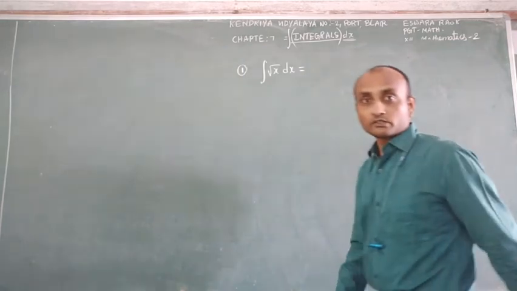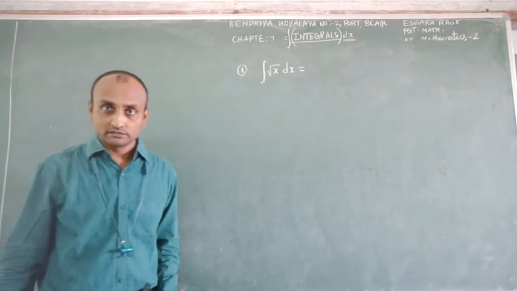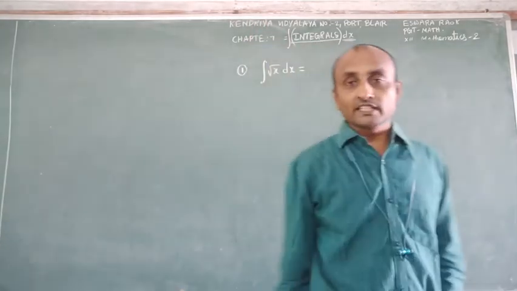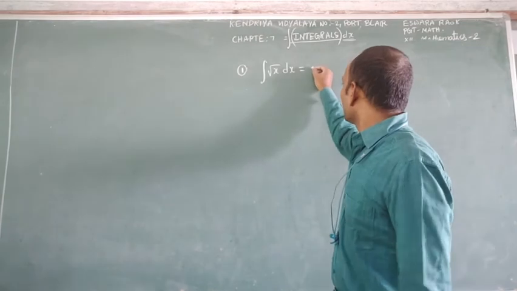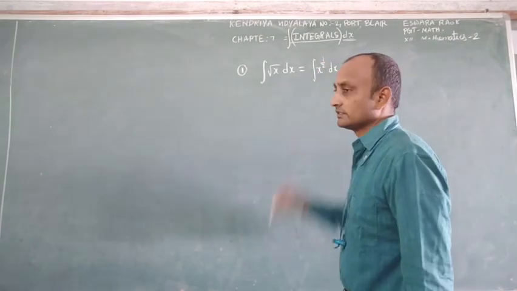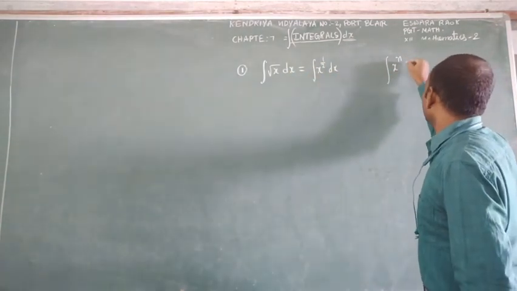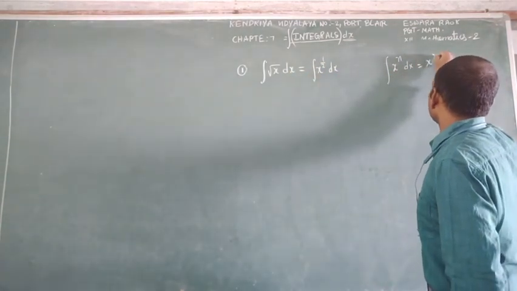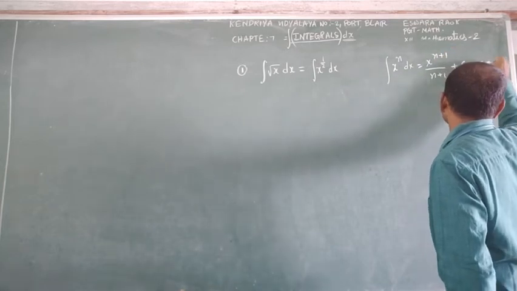When they ask root x, till now I did not tell you the integration of root x as a formula, whereas the derivative of root x is 1 by root x. What is the integration of root x? It can be written as x power 1 by 2 into dx. The formula which I told you, integration of x power n into dx is x power n plus 1 by n plus 1 plus c, where n should not be equal to minus 1.